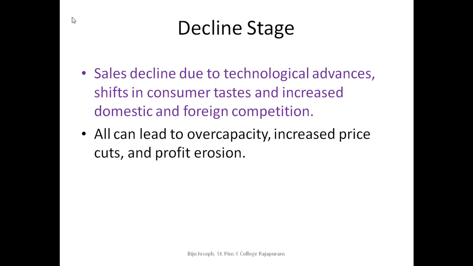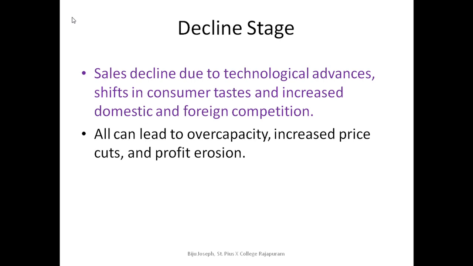So that means when demand decreases, naturally supply may increase. When sales are less and the production is continued as previously, there may be overcapacity or oversupply in the market.